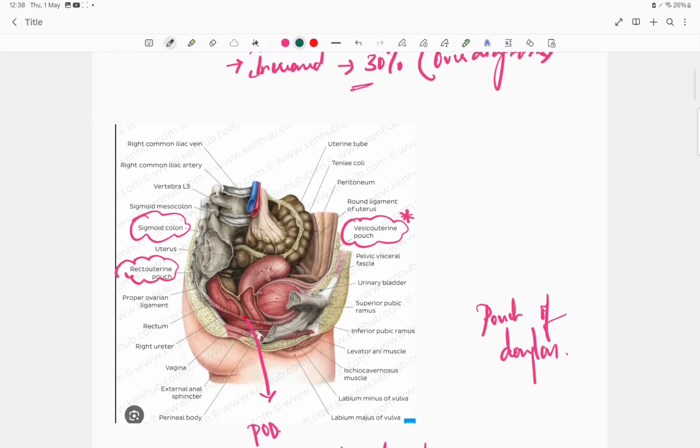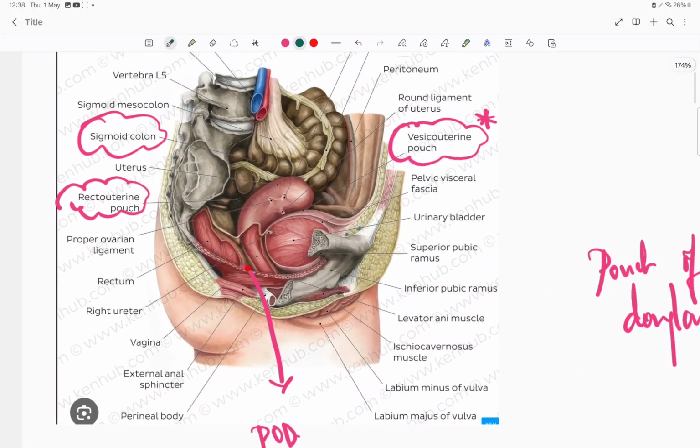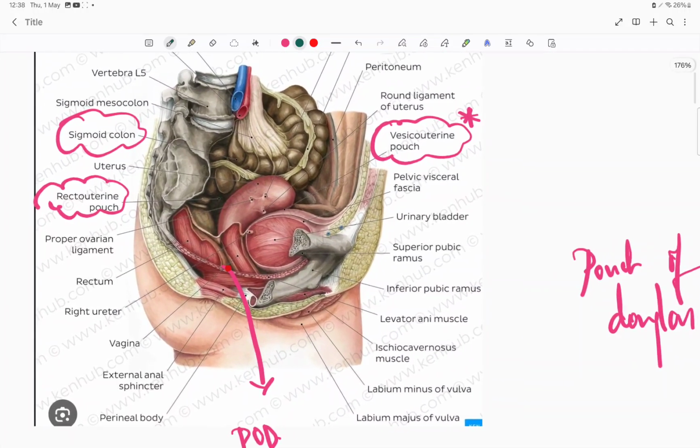This is the recto-vaginal pouch. The endometrial tissue will be present here and spread. I'll use a red color. It will spread and reach the rectum as well, so the endometrial tissue will infiltrate.